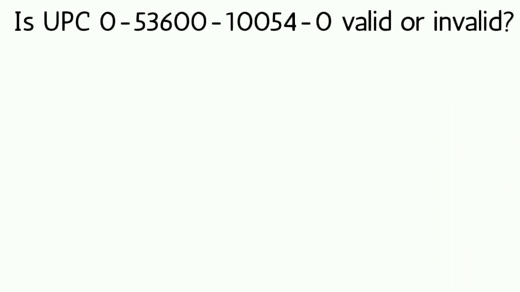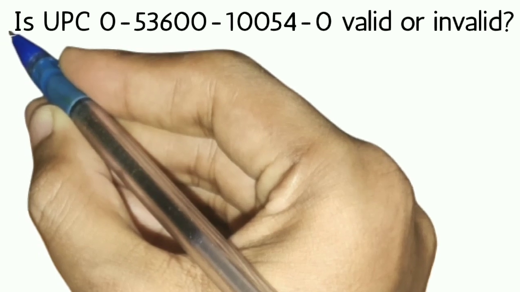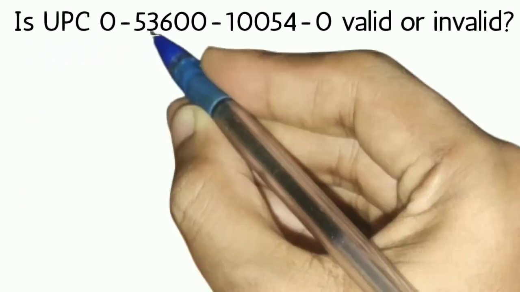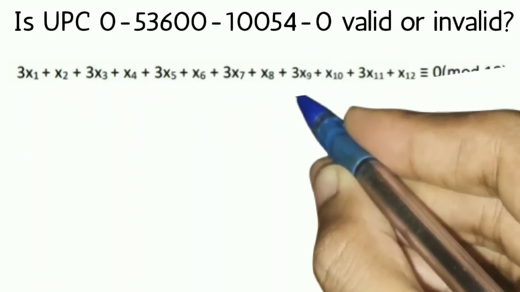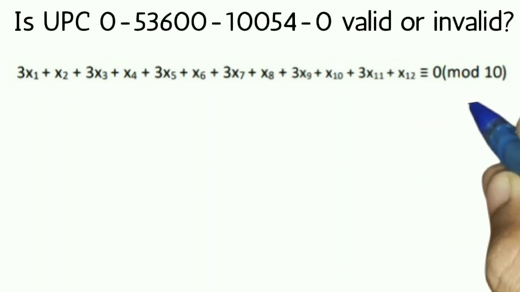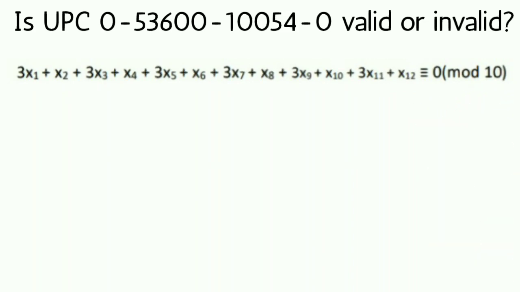In order to know if the UPC is valid or invalid, we will use 3x sub 1 plus x sub 2 plus 3x sub 3 plus x sub 4 plus 3x sub 5 plus x sub 6 plus 3x sub 7 plus x sub 8 plus 3x sub 9 plus x sub 10 plus 3x sub 11 plus x sub 12 and 0 are congruent modulo 10.